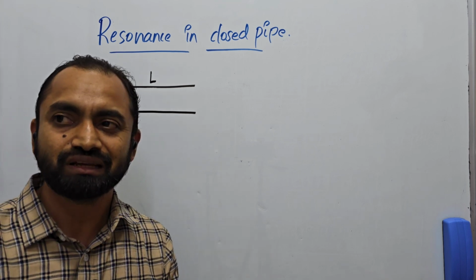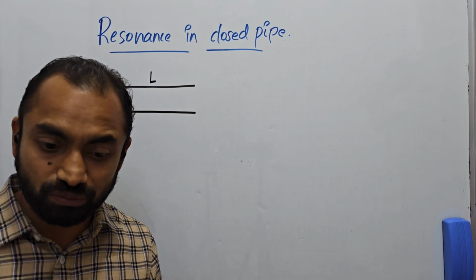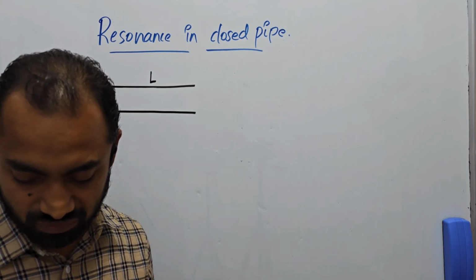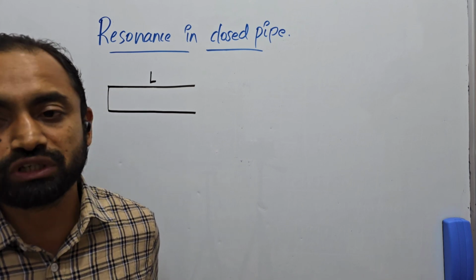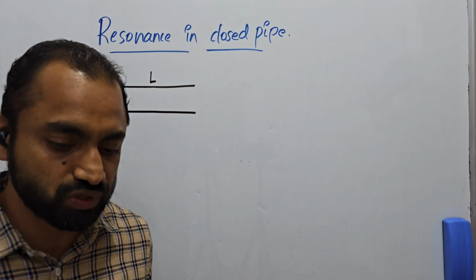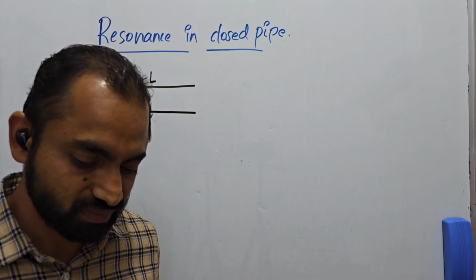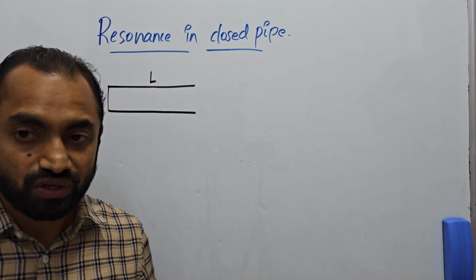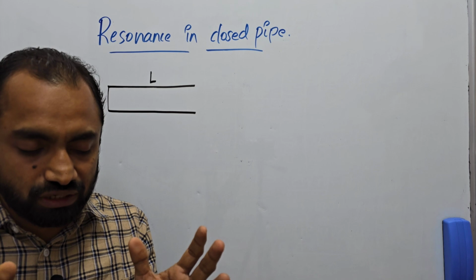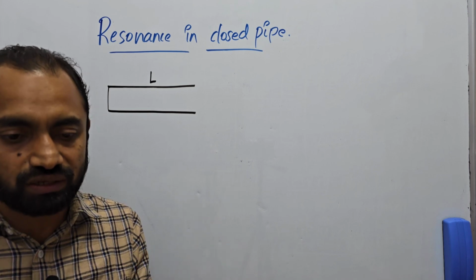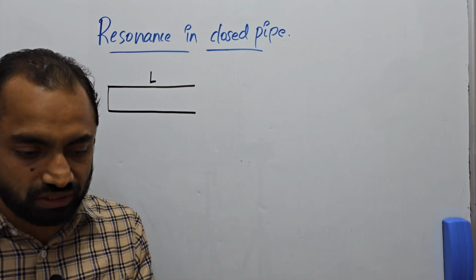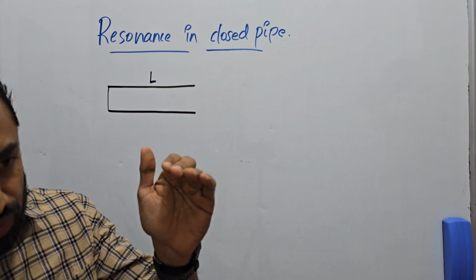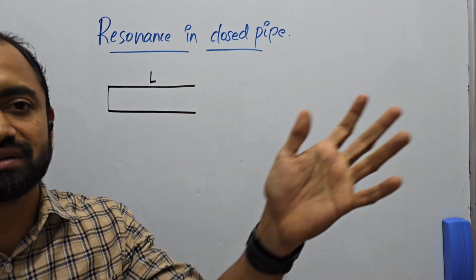When they meet, there will be superposition, right? And you studied two types of superposition. What are the two types? Very good, constructive and destructive. So in the formation of a standing wave, if there is constructive superposition, what is the result?